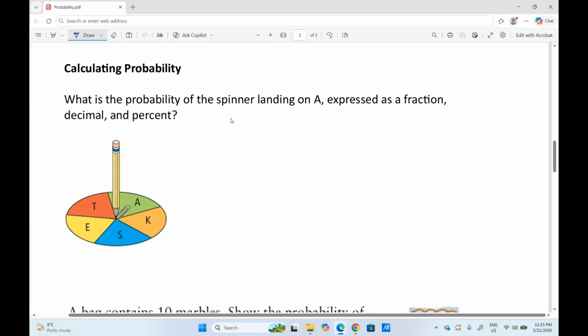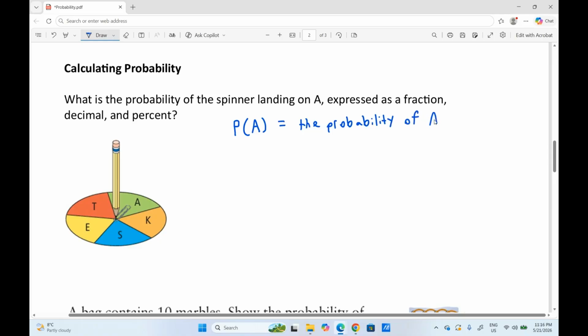So first things first, I want to talk about something. P bracket A, this basically means the probability of A occurring. So A is just what I'm looking for right now. So again, P(A) just means the probability of A occurring.